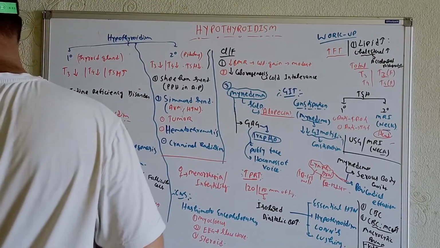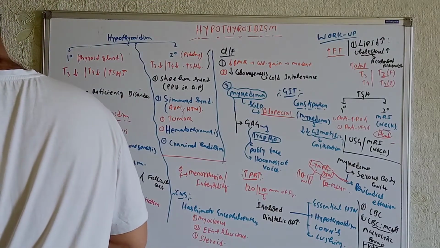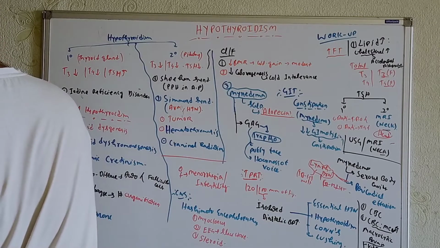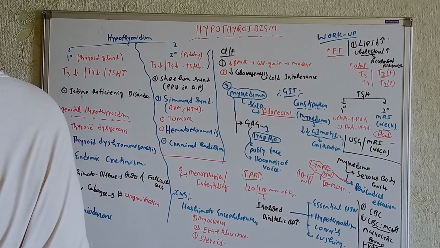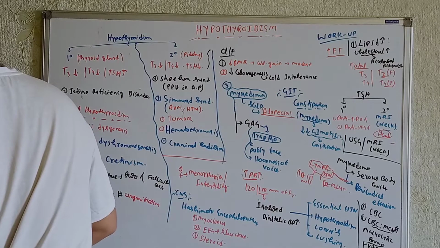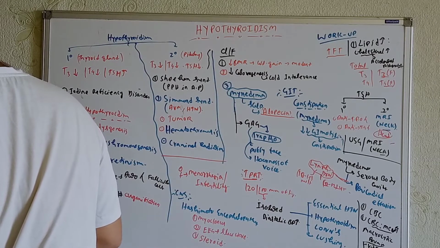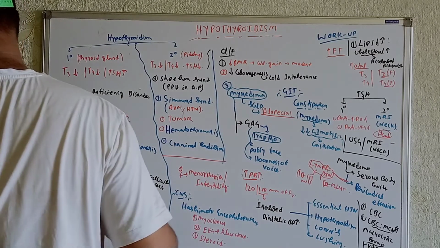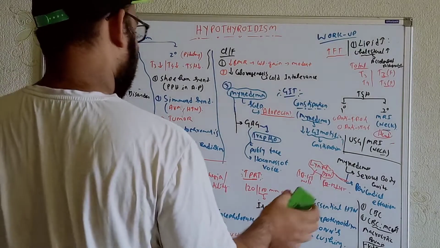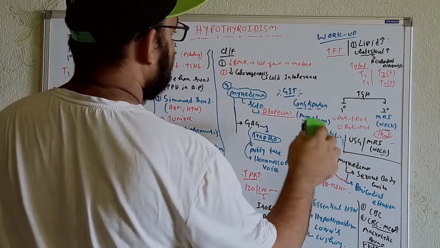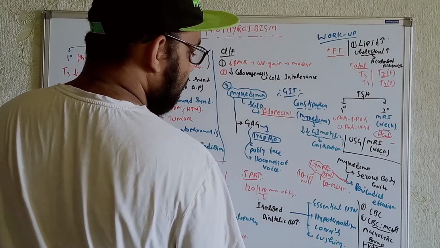Now the last part, but not the least, we will talk about treatments. What are the treatments we can do in these cases? Okay, so let's erase some part and write down the treatment.